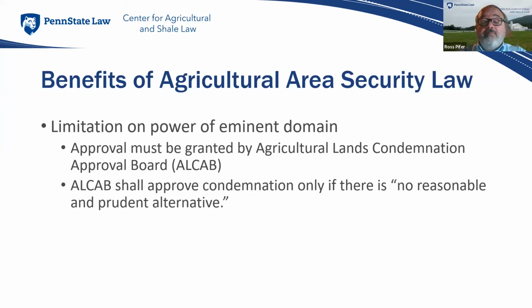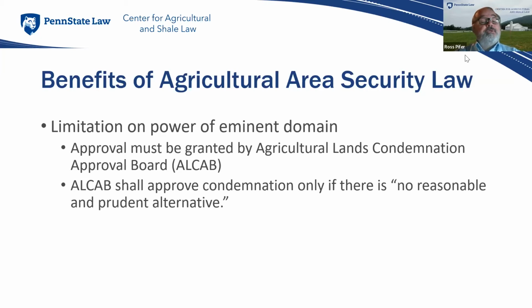ALCAB has to approve the use of eminent domain, and will only approve it if there is no reasonable and prudent alternative. Those of you that have experience with eminent domain know that this is definitely a higher standard than what is normally required.